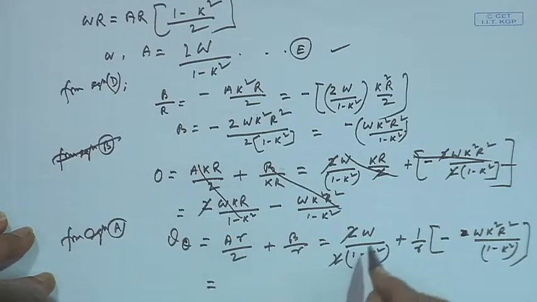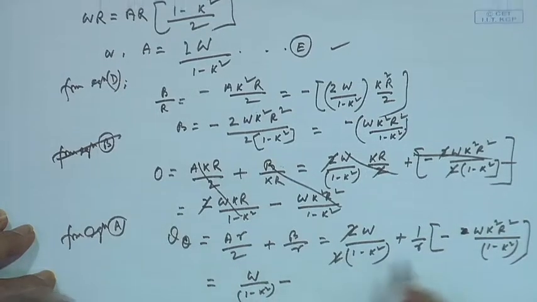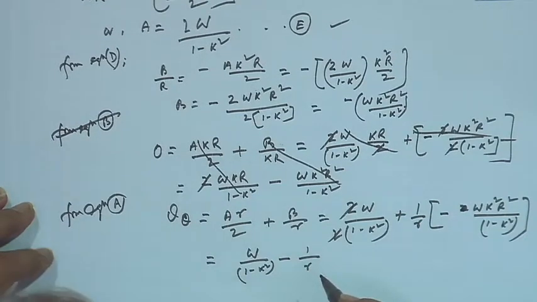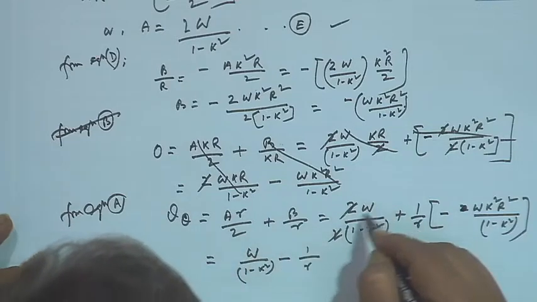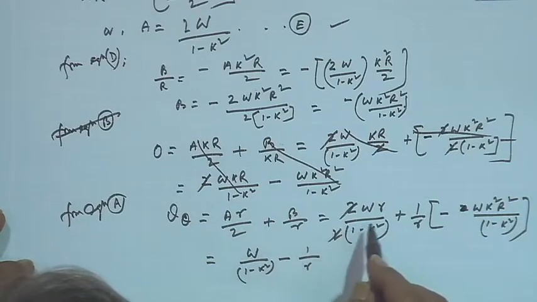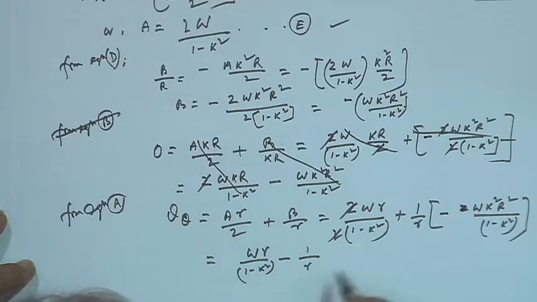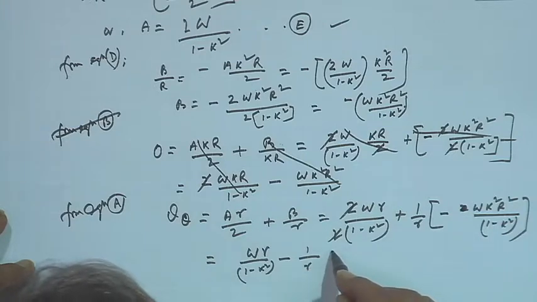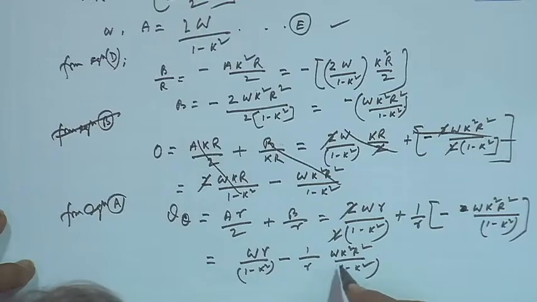So, we can write now that omega by 1 minus k square minus 1 by r, right, A r by 2. So, it was 2 omega into r, right. So, omega r by 1 minus k square, minus 1 by r, and this is omega k square r square by 1 minus k square, right.